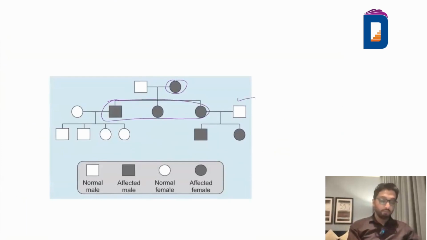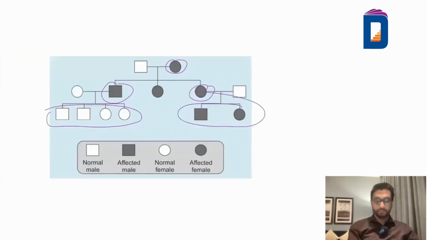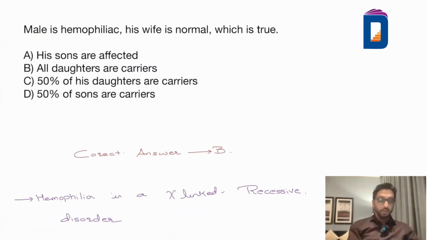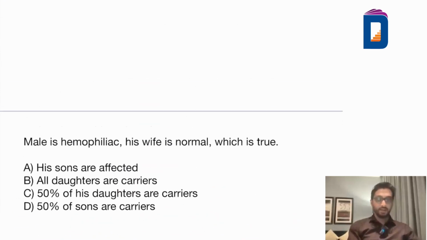This is the marriage on the side. Mother is affected, giving it to all progenies. Now here the father is affected, no progeny is affected. If the father is affected, no one is affected. If the mother is affected, all are affected. That's mitochondrial.